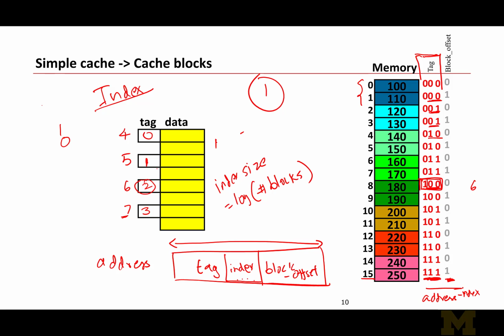So in this example that we had 4 cache blocks, so that's log to the base 2 of 4, and the answer is 2 bits. And that's why we used 2 bits for the index. And before we had talked about how it's going to be 1 bit for the block offset because there are 2 bytes per block. And then the remaining is going to be tag, and given that this is a 4-bit address space, which is what we have been talking about, so the tag would be just 1 bit.